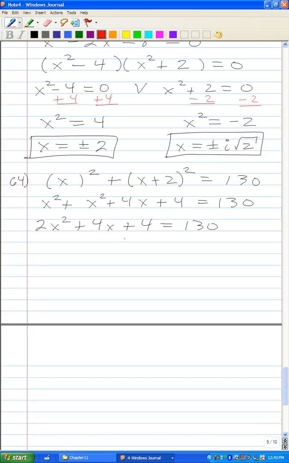Subtract 130 from both sides of my equation. And so I get 2x squared plus 4x minus 126 is 0. Divide by 2.